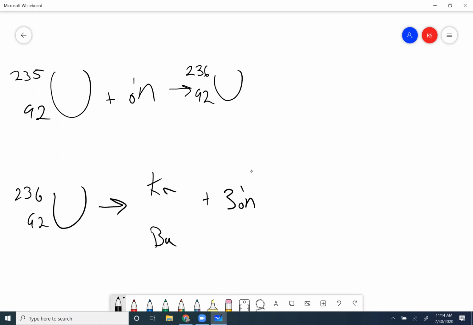And because it produces those 3 more neutrons, this can then cause a chain reaction. So these 3 neutrons, if we draw them like this, neutron, neutron, neutron, 1, 1, 1, 0, 0, 0.